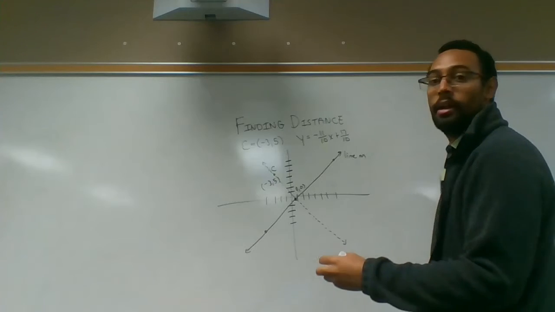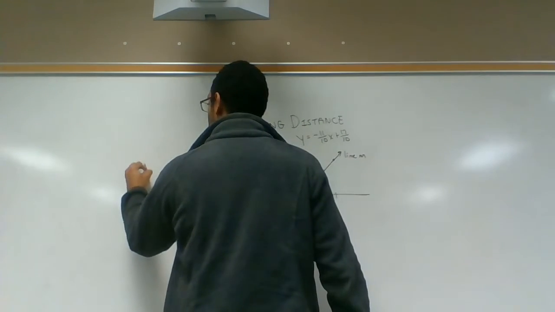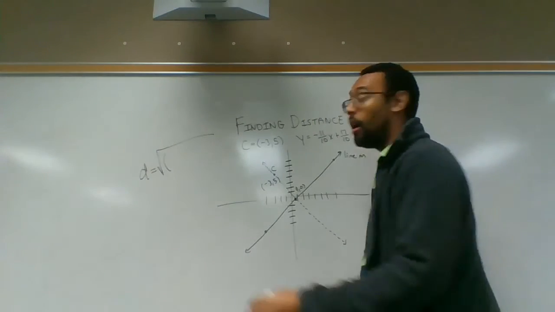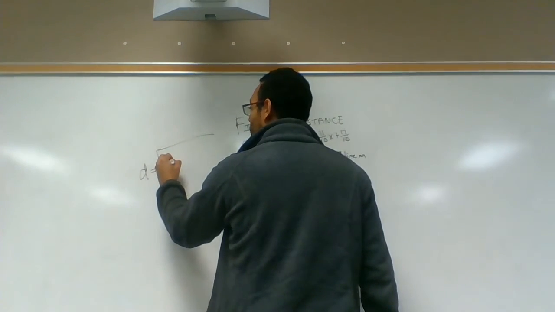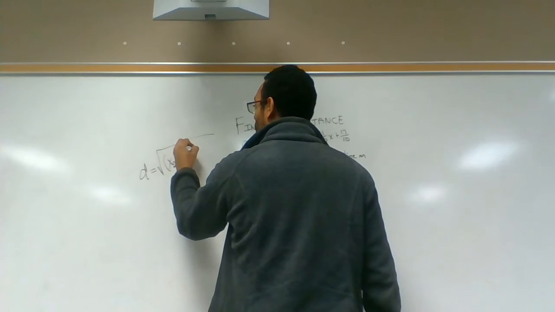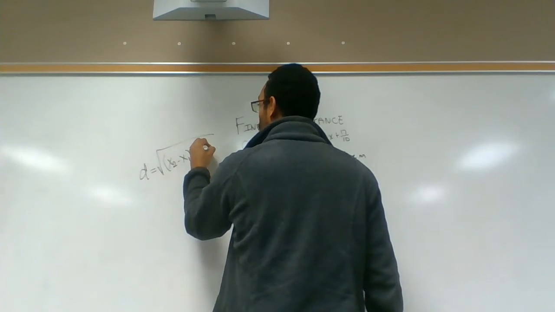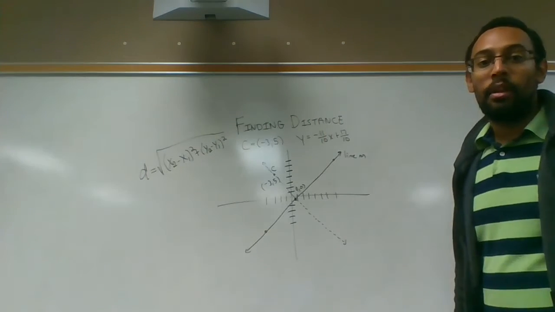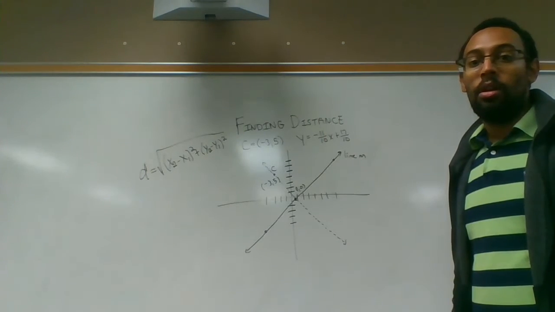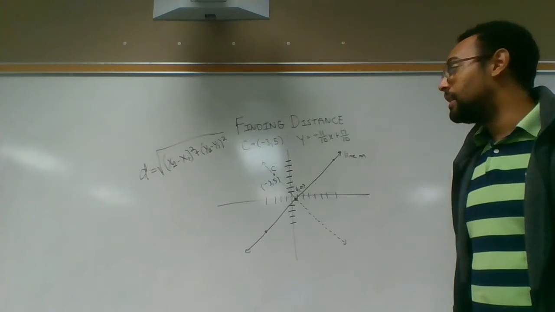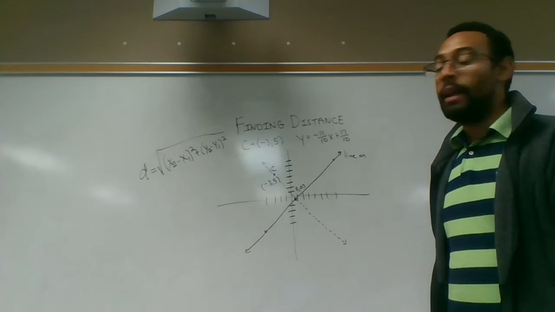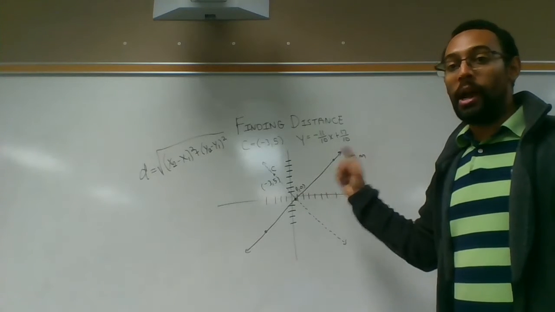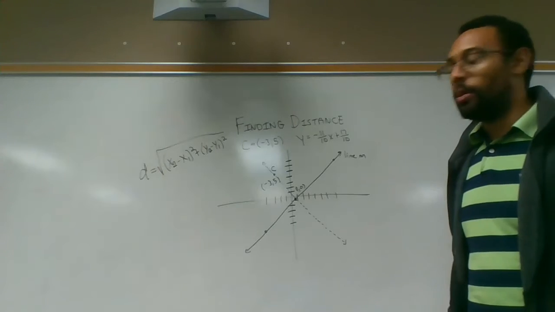That was d is the square root of the difference of x2 and x1 squared plus the difference of y2 and y1 squared. So the difference of your x's added to the difference of your y's, both of them squared, and then you take the square root.